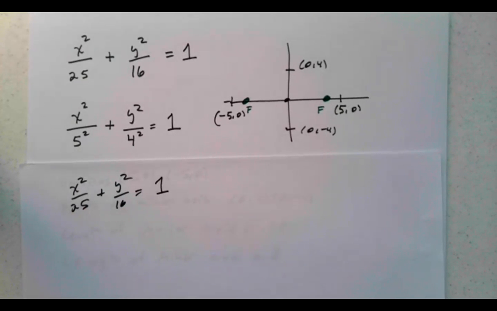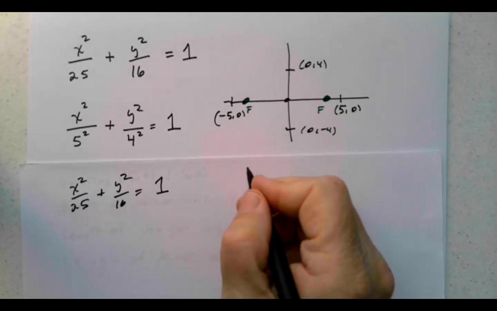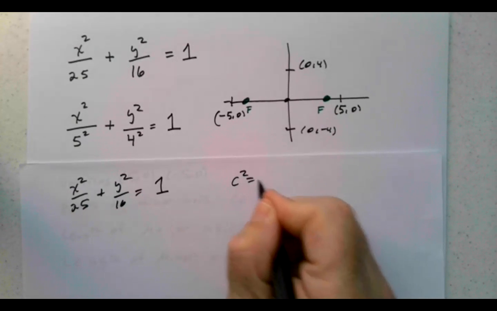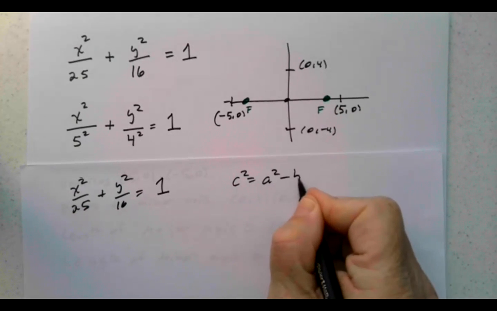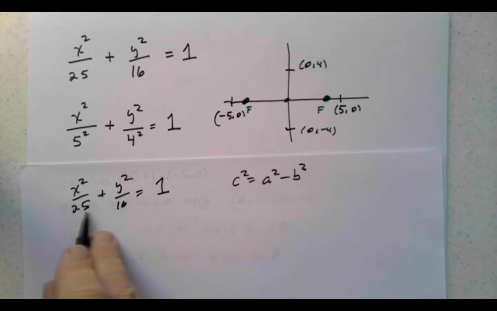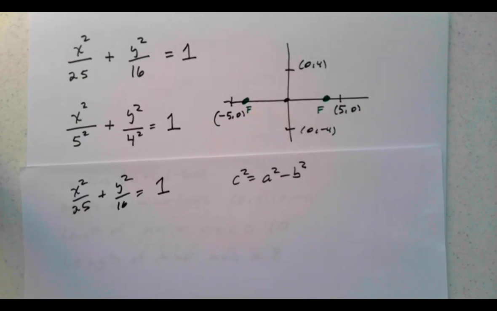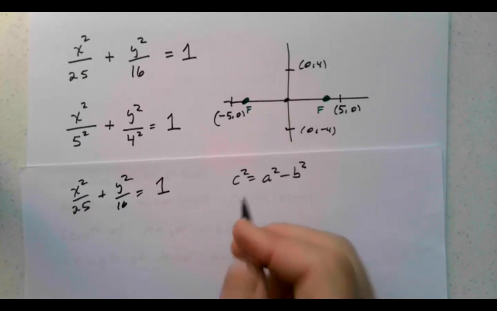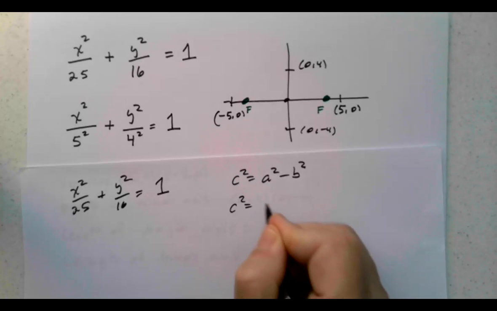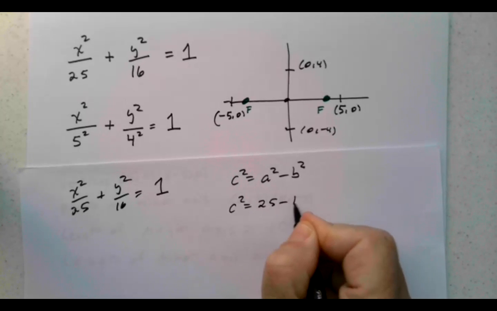The rule that we use for an ellipse is c squared equals a squared minus b squared. So the larger of these 2 numbers minus the smaller of those 2 numbers. And c is the distance from the center to the focus. So here c squared is 25 minus 16.